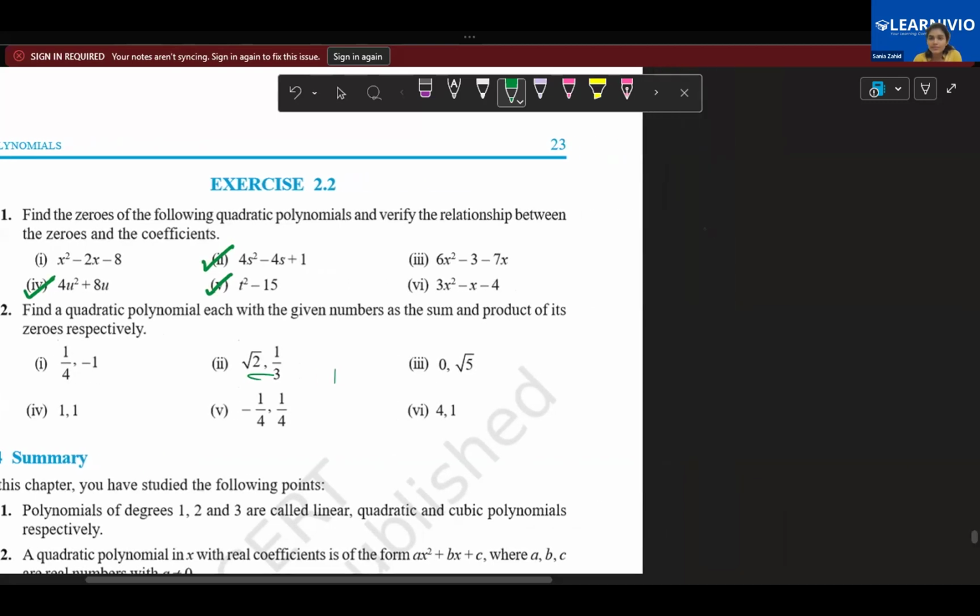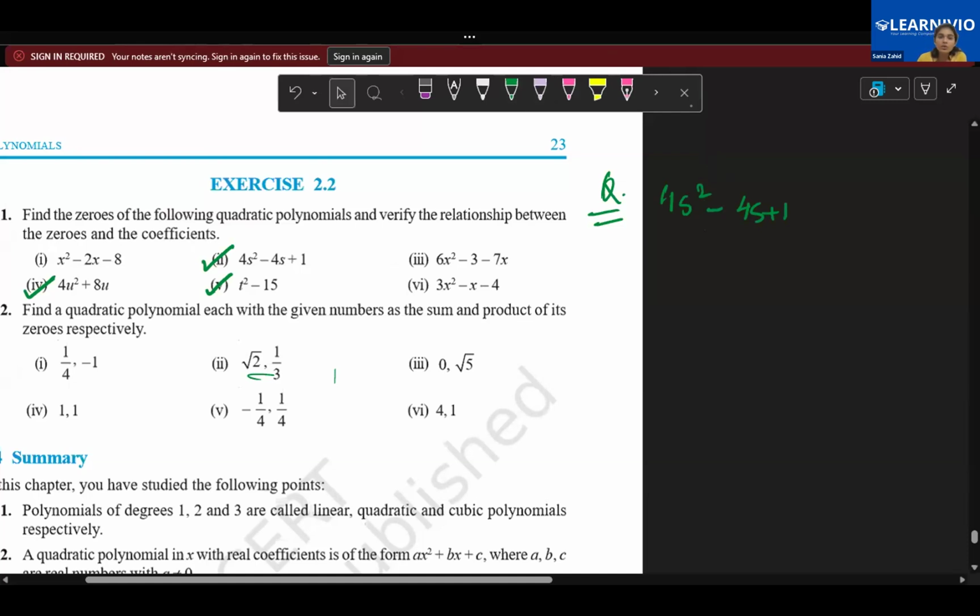Okay, so children, look here. You have 4s square minus 4s plus 1. So children, you will do it by middle term splitting, right?